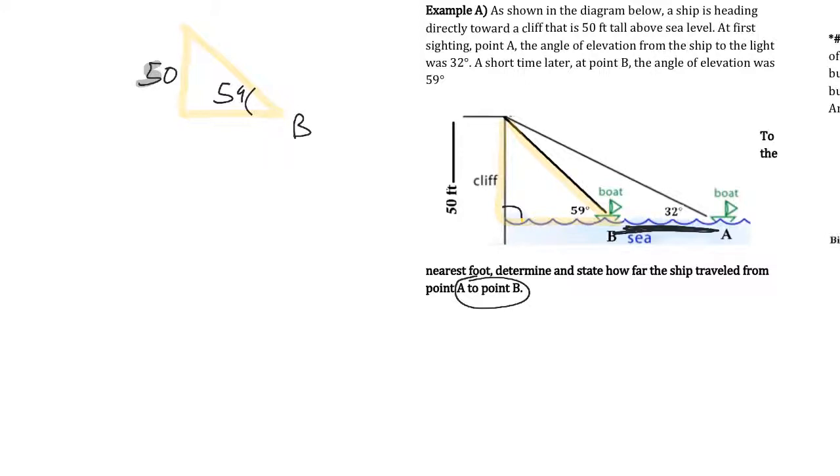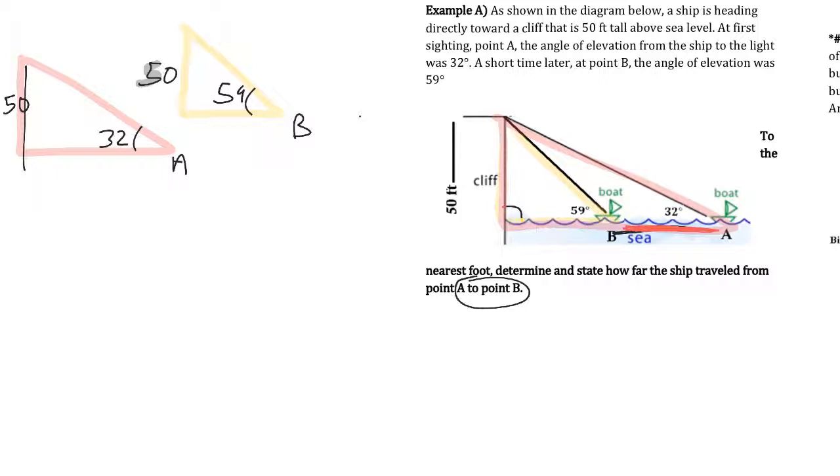This is boat B. And the other triangle is the whole thing from boat A to the cliff. Draw this one over here. And the angle of elevation on this one is 32 degrees from boat A, and the cliff is still 50 feet high.